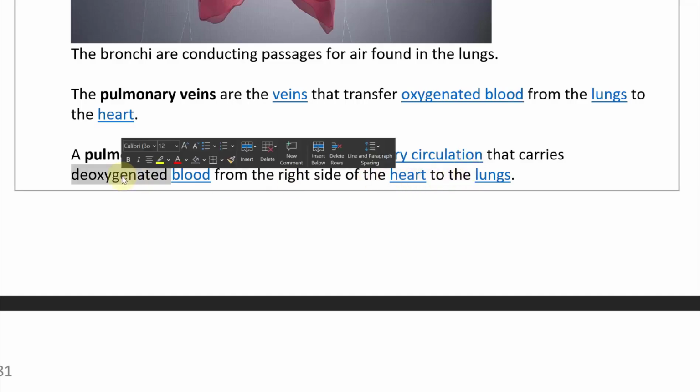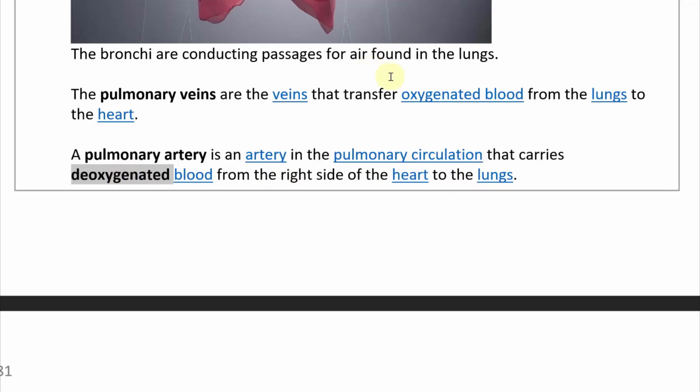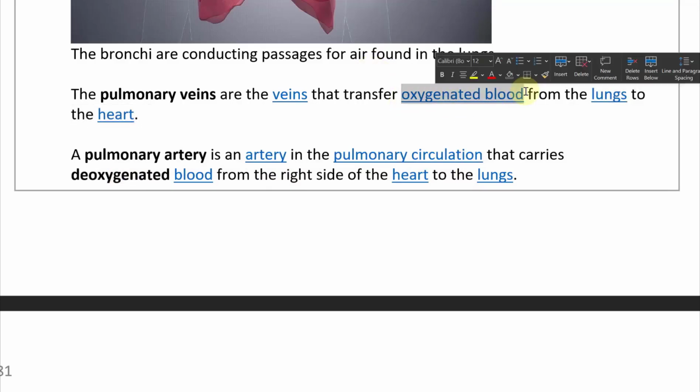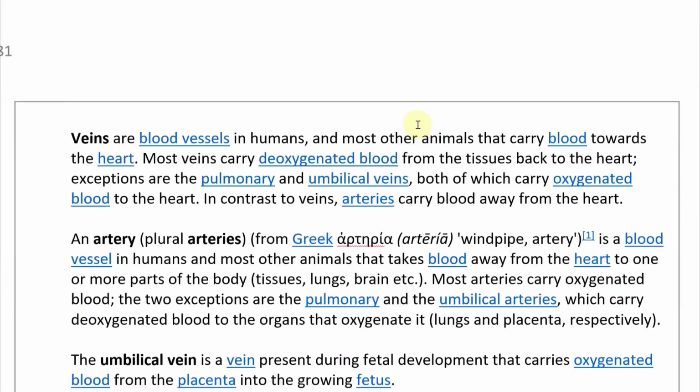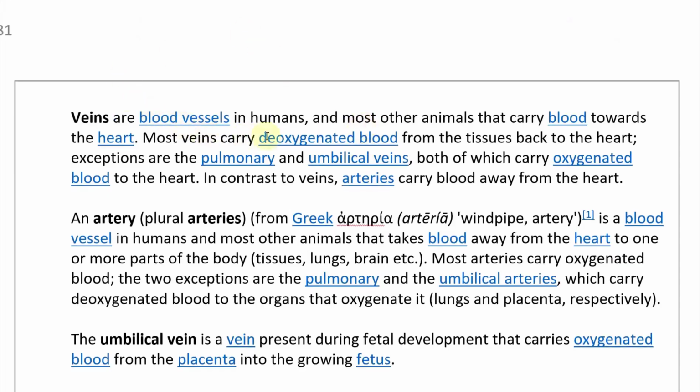But it's deoxygenated. The key thing is deoxygenated there, and this is oxygenated blood right here. And the reason for that is, well, veins are blood vessels in humans and most other animals that carry blood towards the heart. So it's defined as towards the heart. And most veins carry deoxygenated blood from tissues back to the heart.